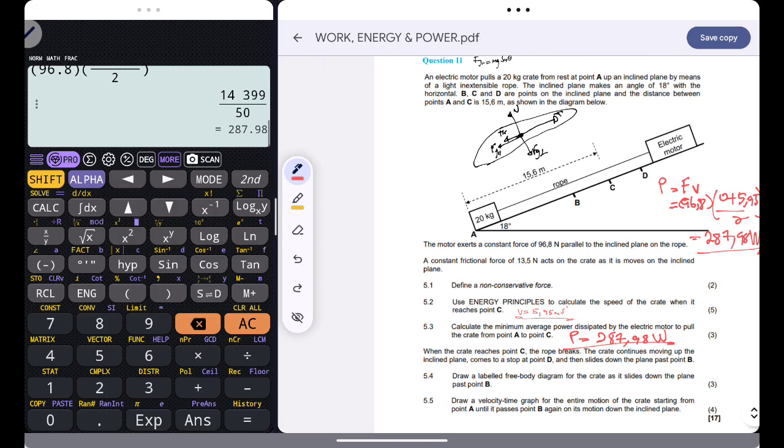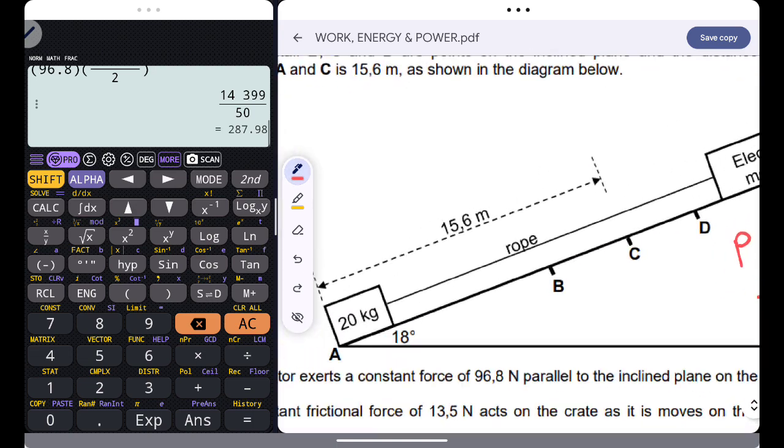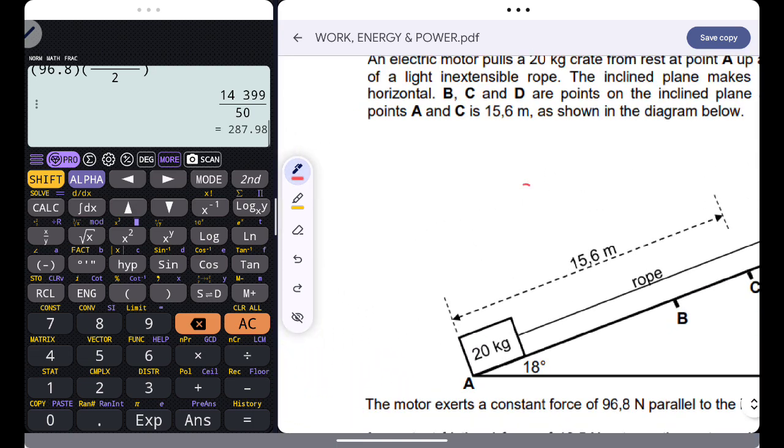Okay, when the crate is sliding down, guys, our free body diagram will no longer be like this. There will be changes. Okay, let me just redraw it. It's fine. Our free body diagram will be like this. This is our crate.